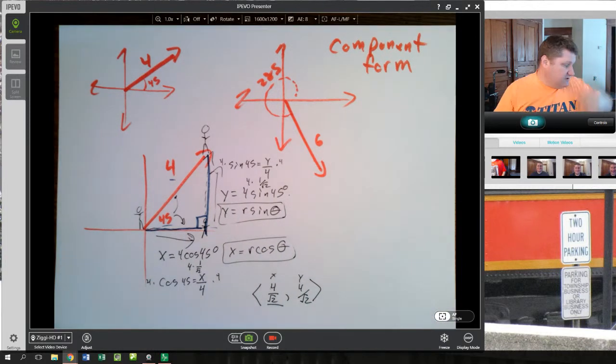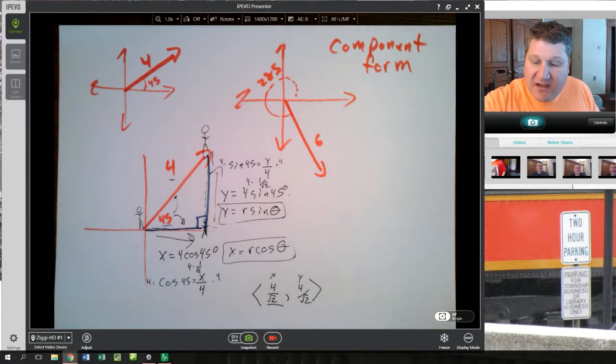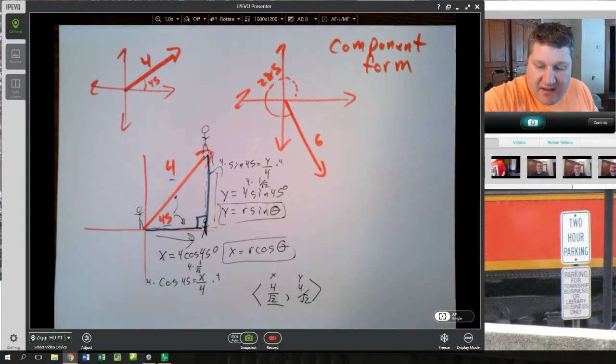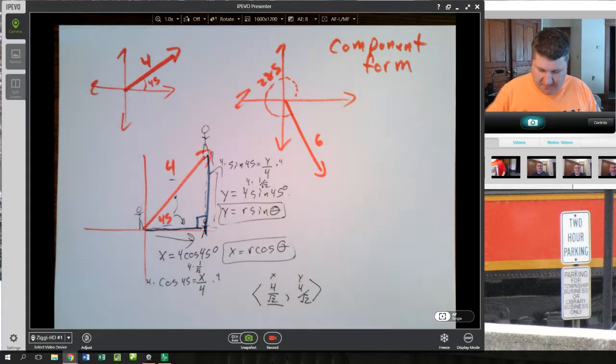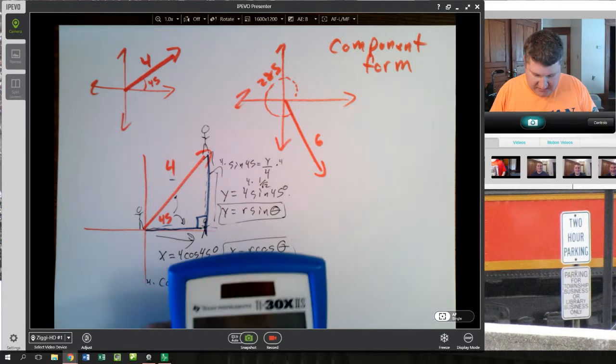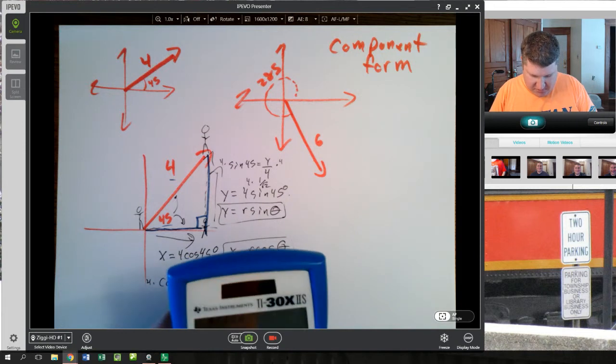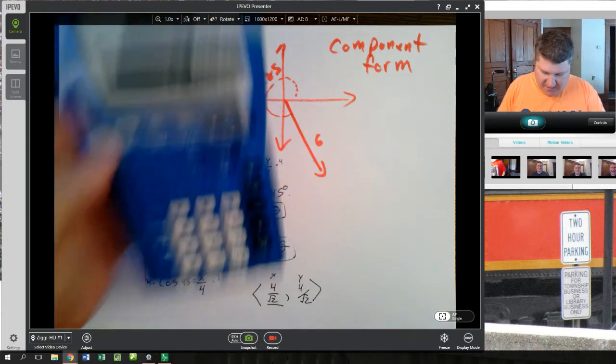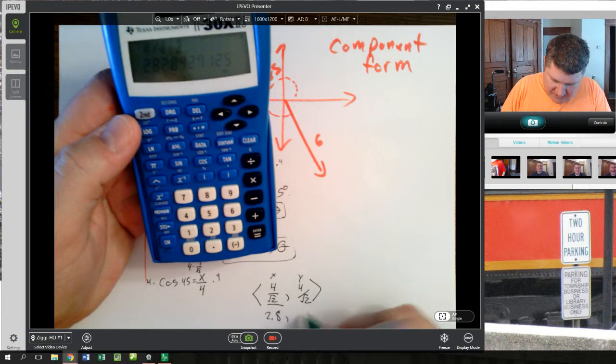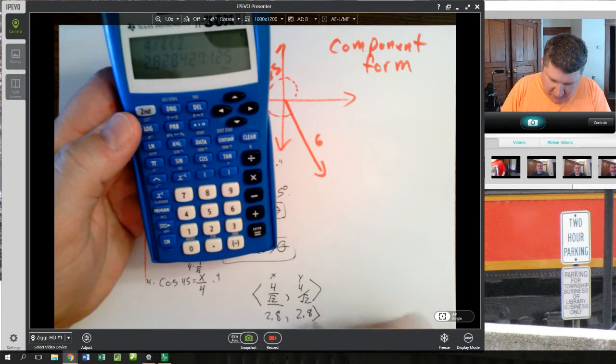If I wanted to put those into a decimal, I could simply do a straight up division and make sure that it turns out to be a decimal. So let's see here. We could say 4 divided by square root 2. And that's about 2.8, which obviously means this is going to be about 2.8.